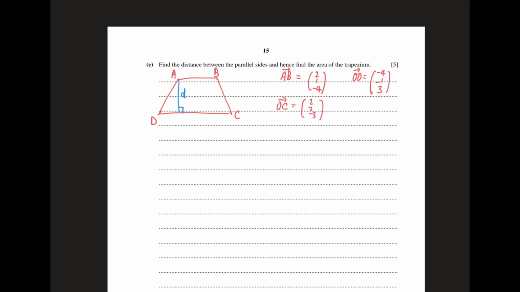So if you want to find the distance between the two parallel lines, since I know AB, finding CD is not a problem. I find CD first. I'm planning to use the scalar product later.